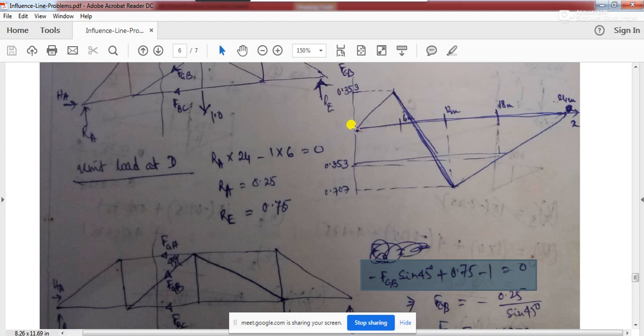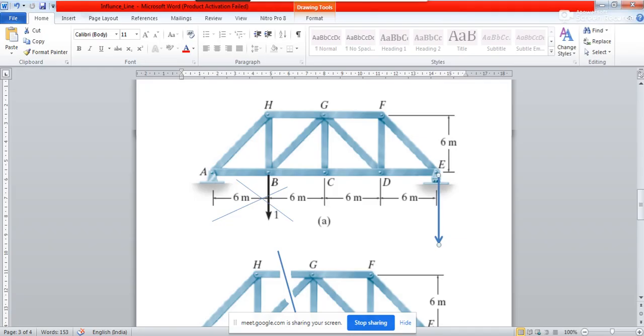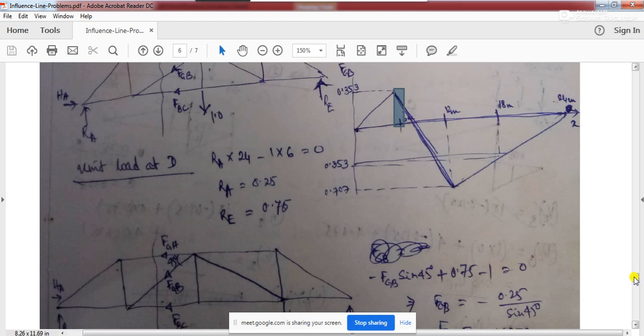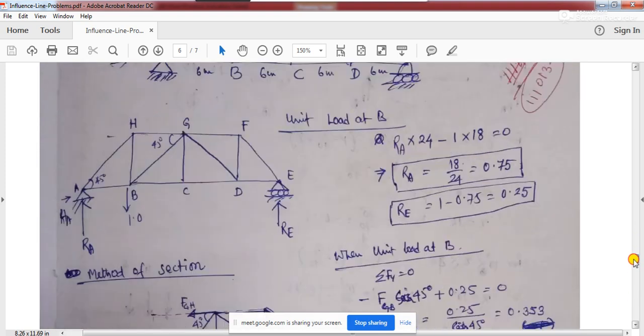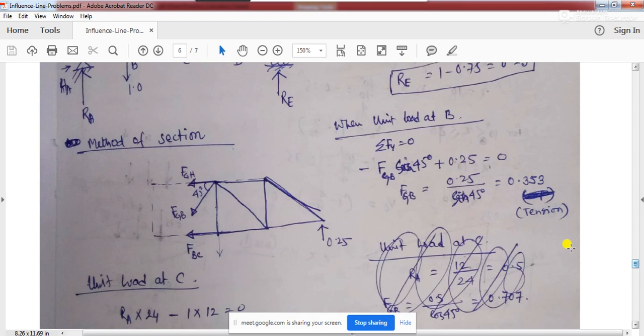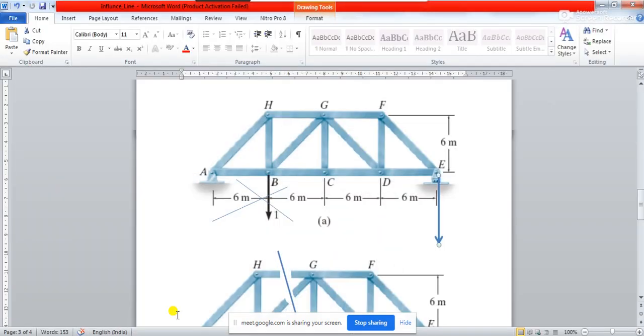So if that is the case, then if you plot it, when the load is at A, it is 0. Then as you move to the 6 meter length, that means when the load is placed at the point B, we have got a tensile value of 0.353.